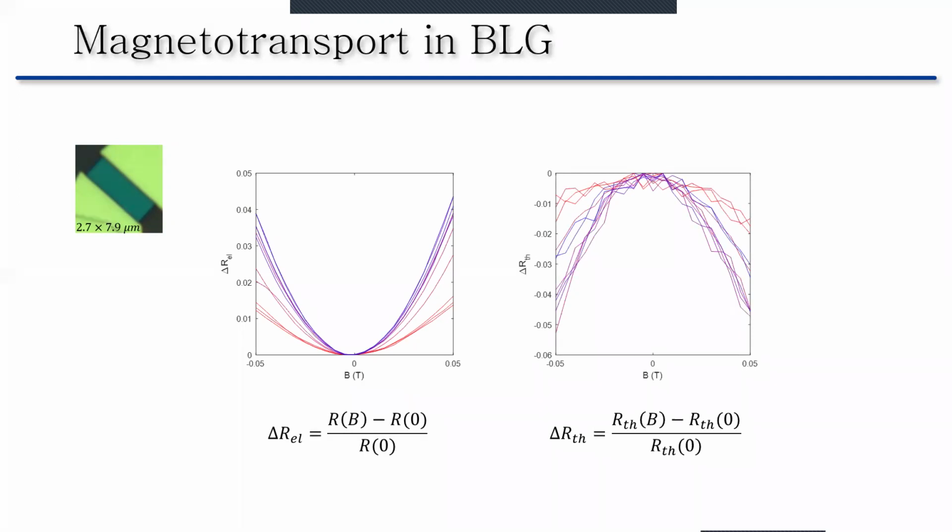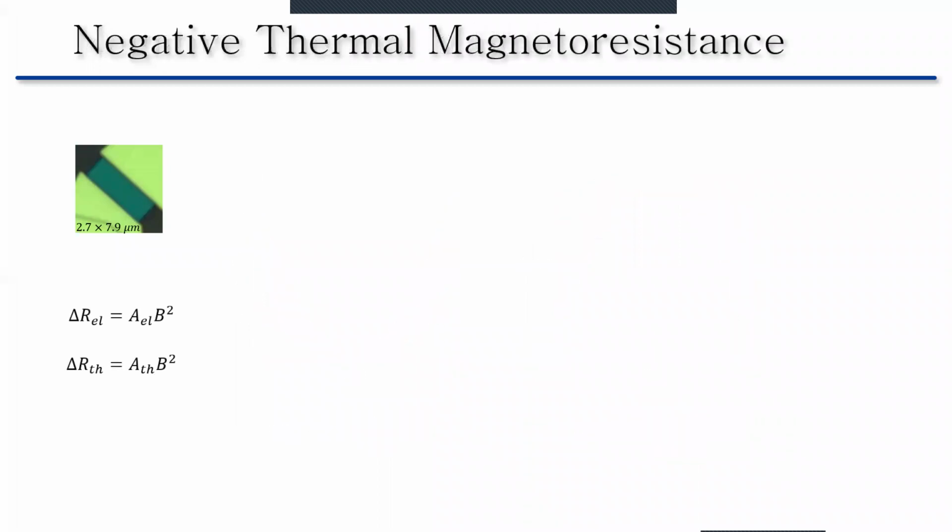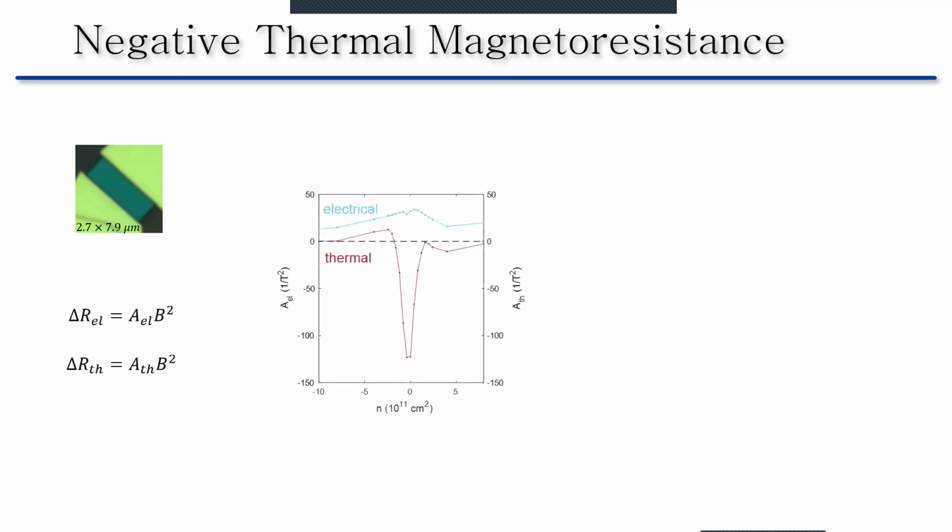So we get reasonably nice parabolas, but you can see they're going with the opposite sign, right? So this was very surprising. So let's take a look at this a little bit closer. We'll fit our parabolas using some coefficient here. So I'm going to call this the electrical curvature and the thermal curvature. And here's a plot of those curvatures versus density.